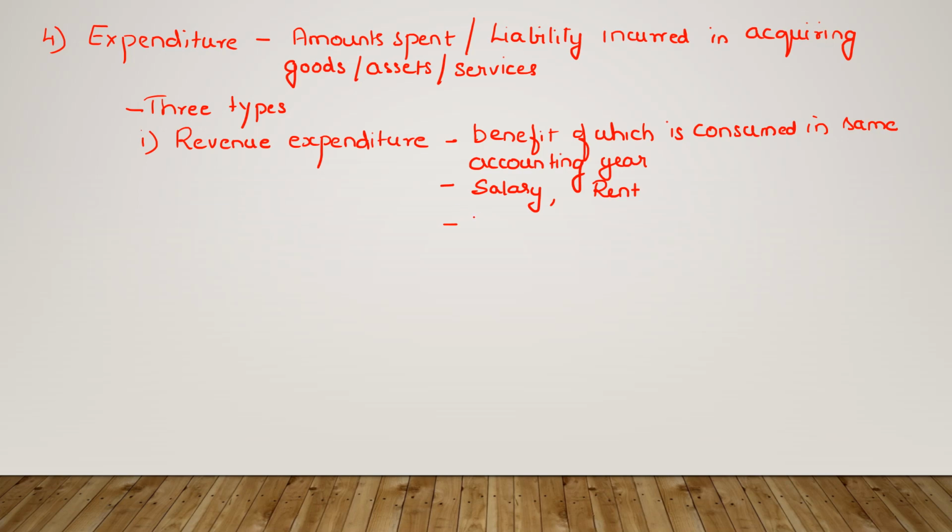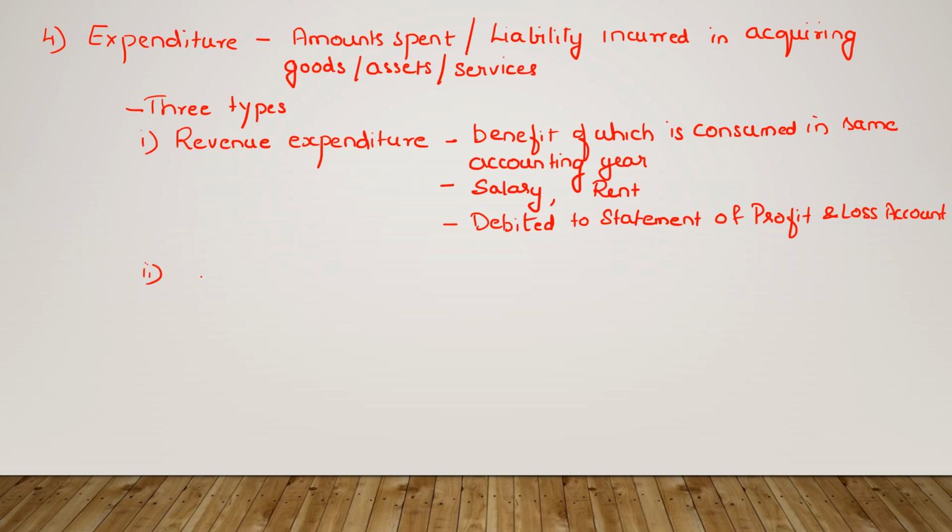This type of expenditure would be debited to the statement of profit and loss account of the business. So it would be charged against the revenue earned during the particular accounting year.